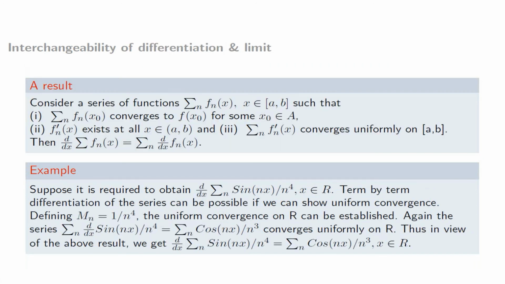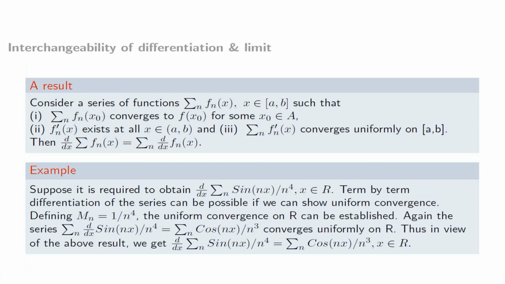So lastly, we discuss interchangeability of integration and limit. Consider a series of functions f n x, x belonging to the closed interval [a, b], such that each f n x is Riemann integrable on the same interval, and the series with nth term f n x converges uniformly on the same interval.